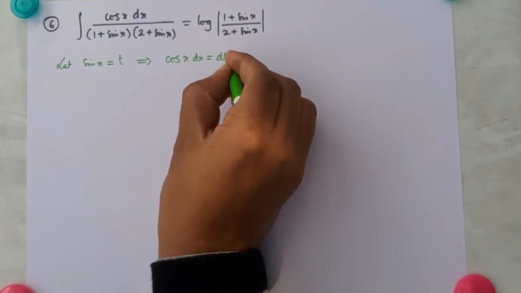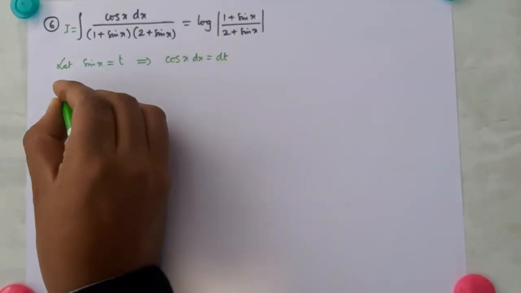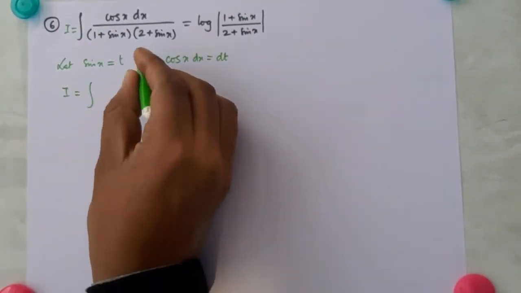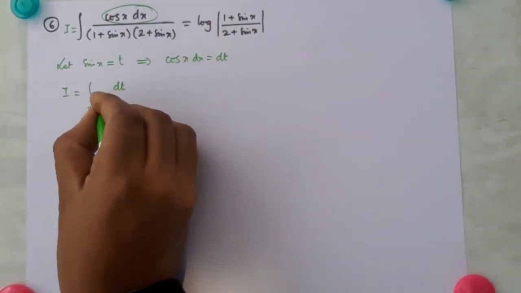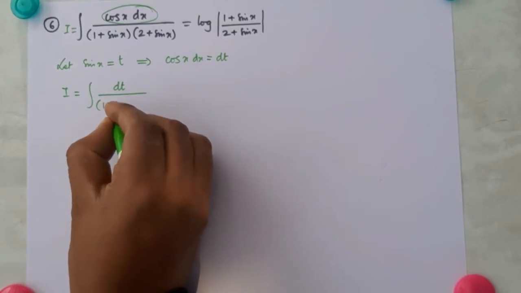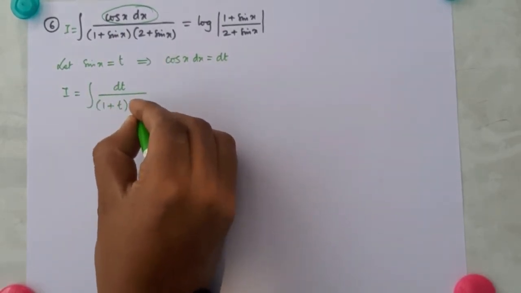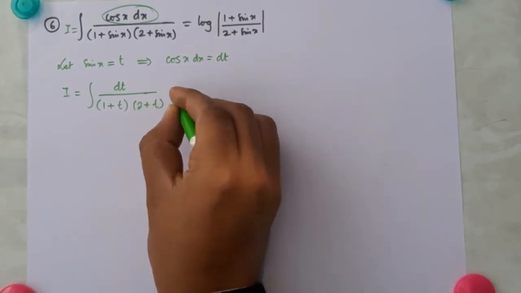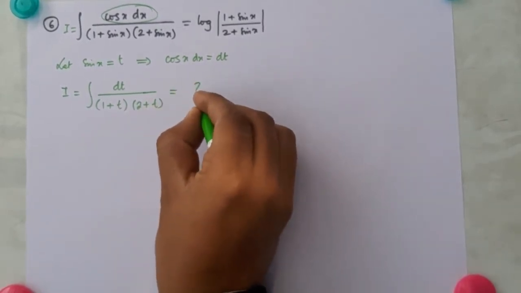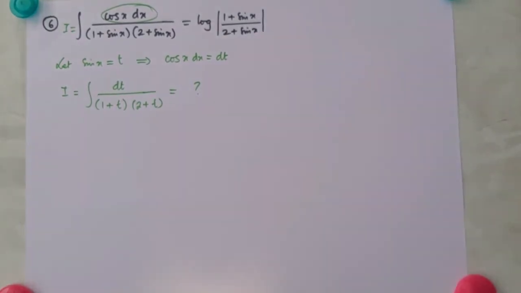If you call this I, your integral I will change to dt by 1 plus sin x, which is t, into 2 plus sin x, which is again t. So again it falls under the first category. How much is this going to be? You will calculate by yourself.